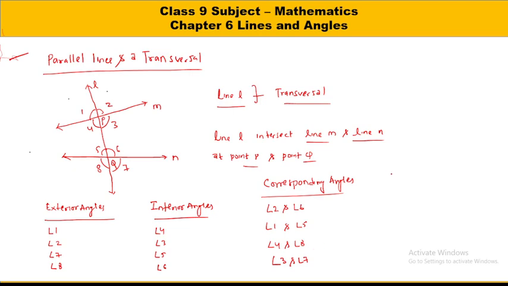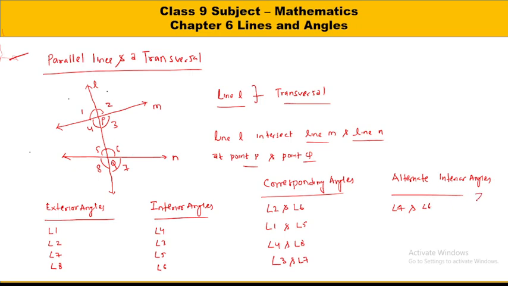Now similarly, we are having another type of angle like alternate interior angles. So angle 4 and angle 6 are alternate interior angles.